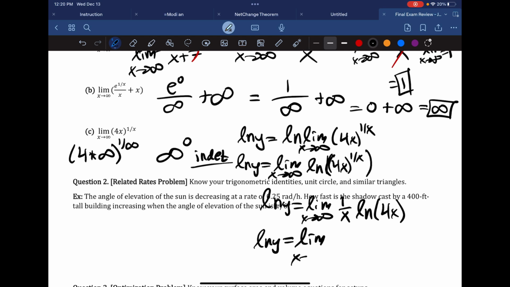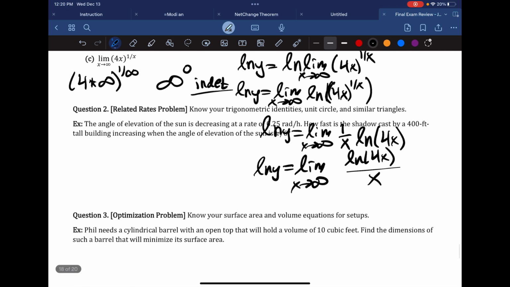So the limit as x approaches infinity of ln of 4x, and then the fraction is very obvious, that x just is in the denominator. Okay, so now we can say ln y equals the limit as x approaches infinity, and this is where we're going to use L'Hopital's rule, because now we have a numerator and a denominator, so we can actually use it.